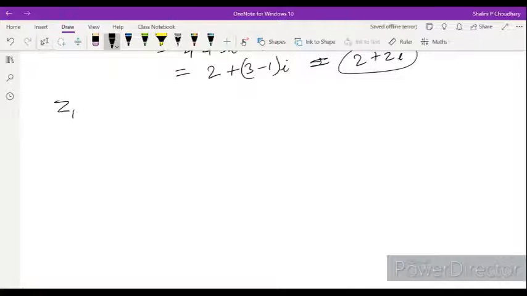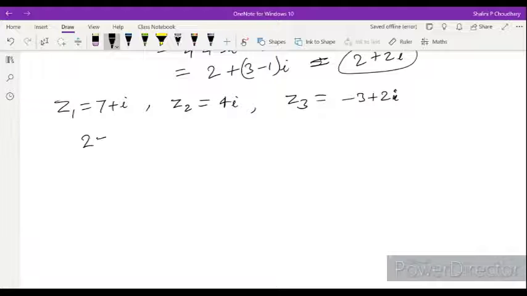Now one more question we'll do. If z1 is equal to 7 plus i, z2 is equal to 4i and z3 is equal to minus 3 plus 2i, this is given. What we have to do is find out the value of 2z1 minus 5z2 plus 2z3.